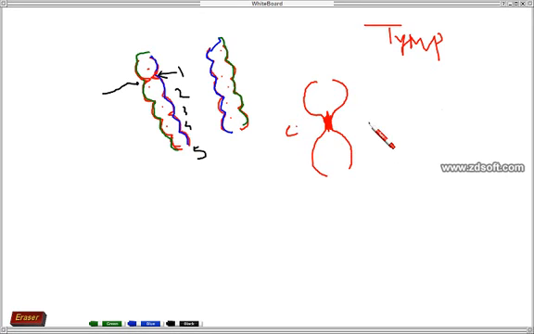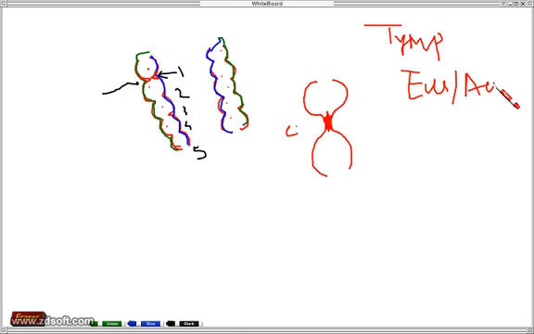And a very important structure derives from your first pouch, that is called your eustachian tube, or you can also call it auditory tube or pharyngotympanic tube.